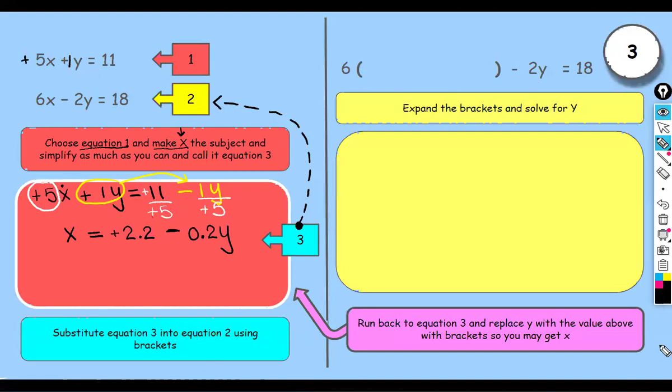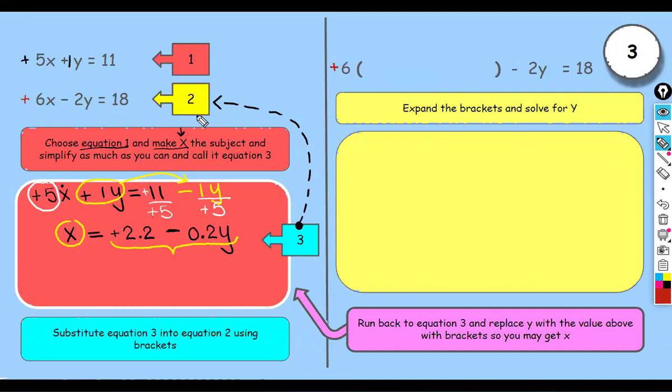Now, when we run to equation 2, remember, wherever you see the letter X, you can throw him away and replace him with this. And I already have it lined up here, to make my life easier. So this 6 here in equation 2 is really positive 6. I should probably put the positive.